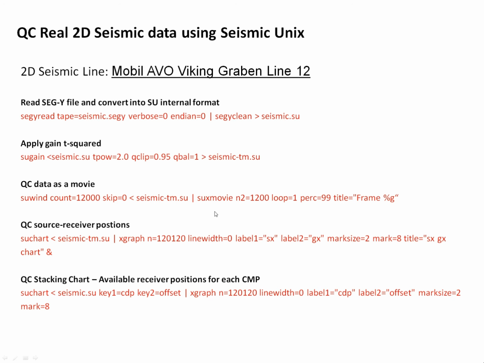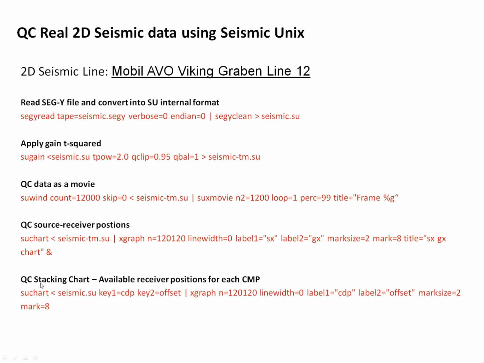And then as a quick QC, you can display your shot dataset as a movie. This script is for having a quick review of your dataset as a movie. If you want to review your source and receiver positions, you can use this script.